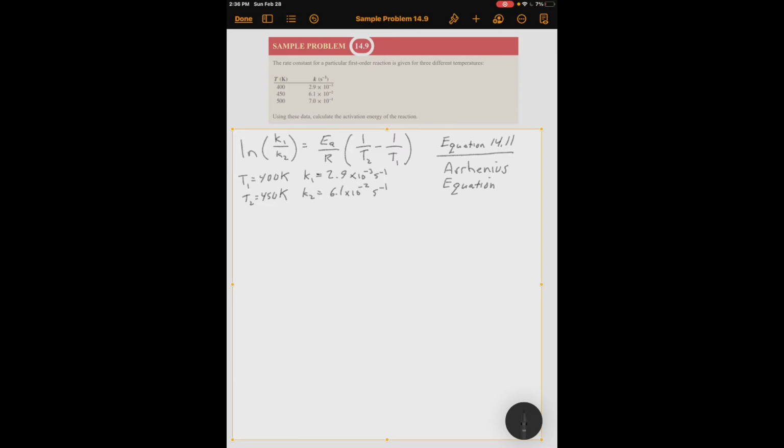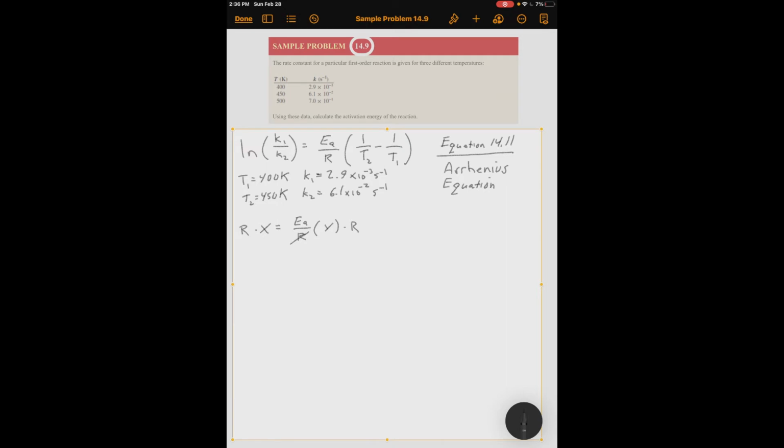So it's really just an issue of algebra. So if we want to isolate E sub A, I'm going to make it a little simpler. Suppose I said X equals E sub A over R times, I'll make this Y. And I want to isolate E sub A. One method I could do is I could multiply both sides by R. Right?